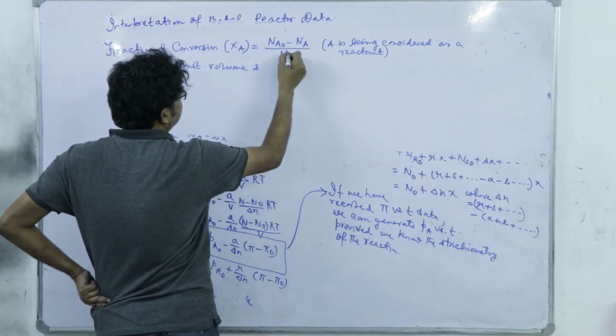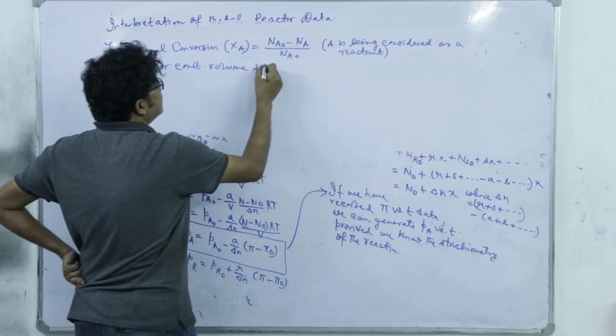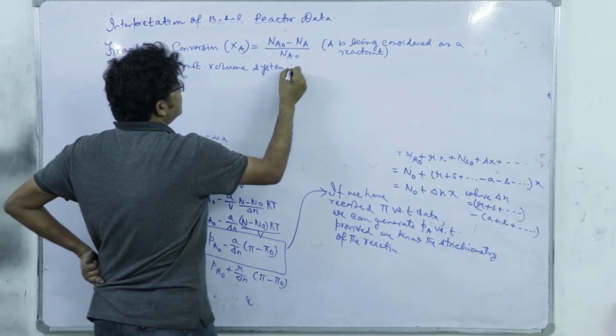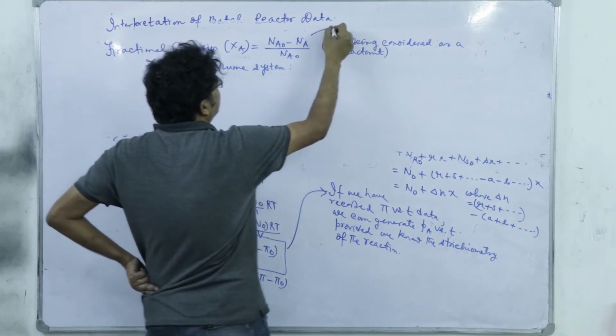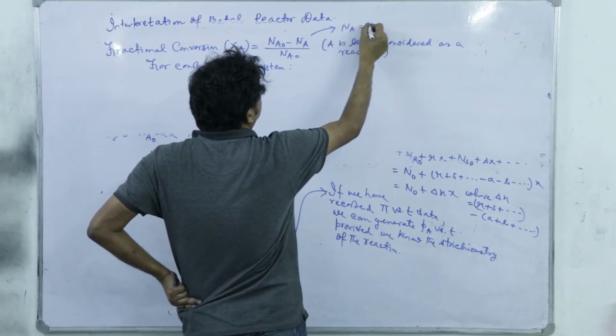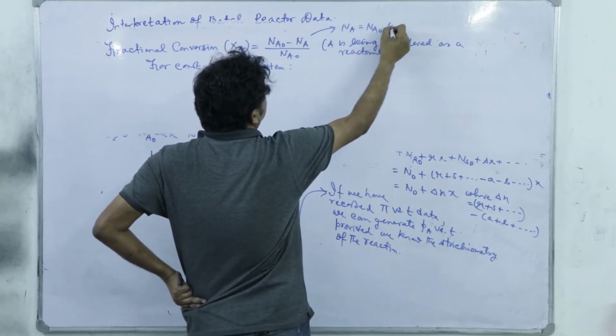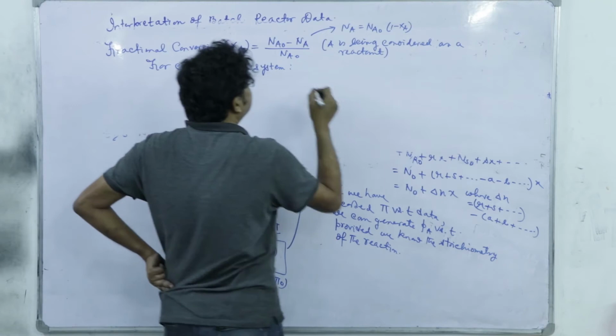So here we can write Na equal to Na0 into 1 minus Xa.